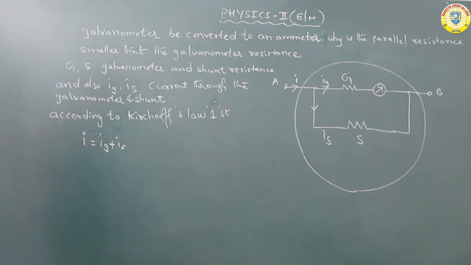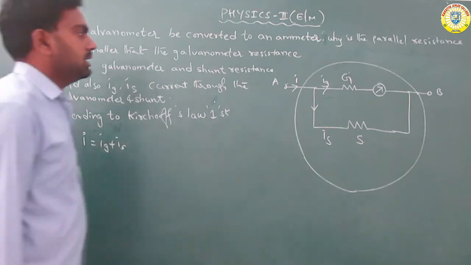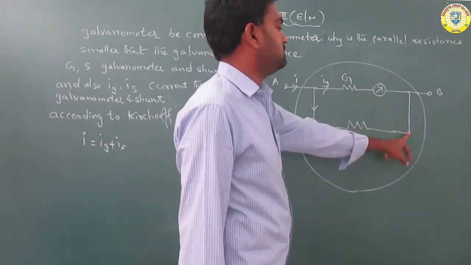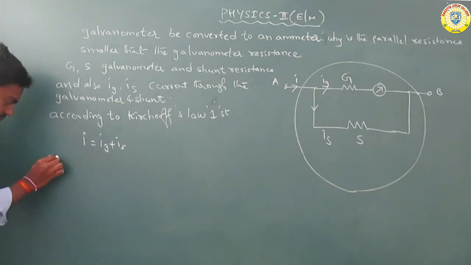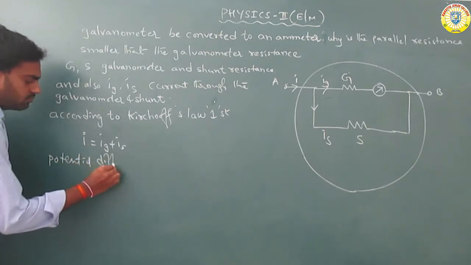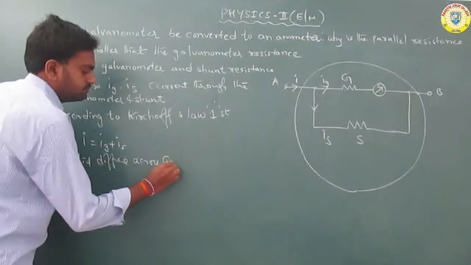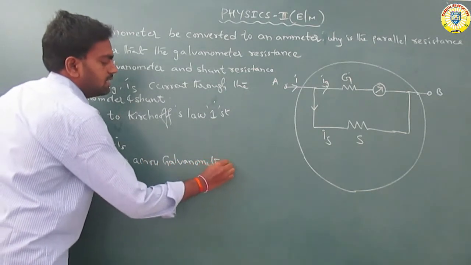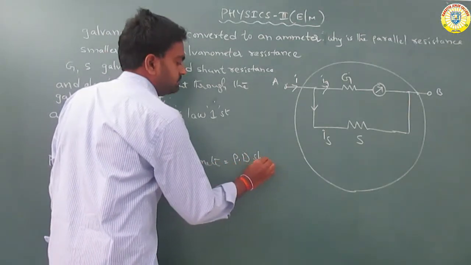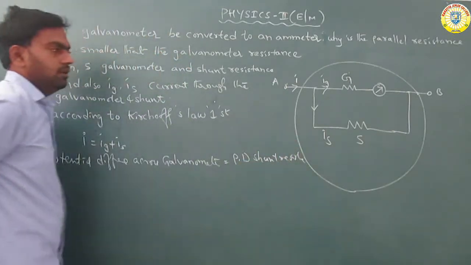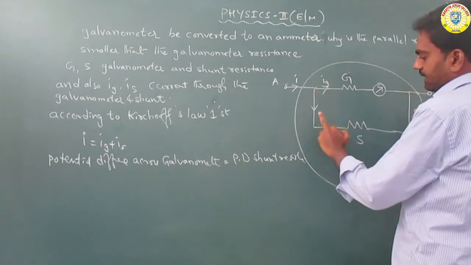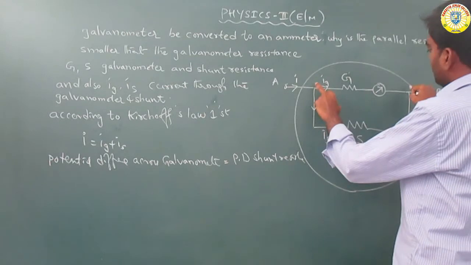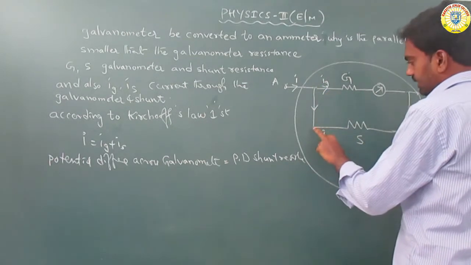Now, from the circuit diagram, G and S are resistors, and the potential difference across the galvanometer is equal to the potential difference across the shunt resistor, because these two are connected in parallel.